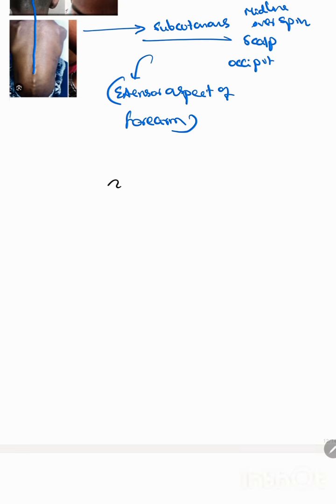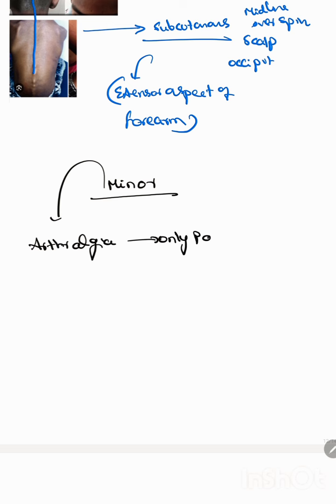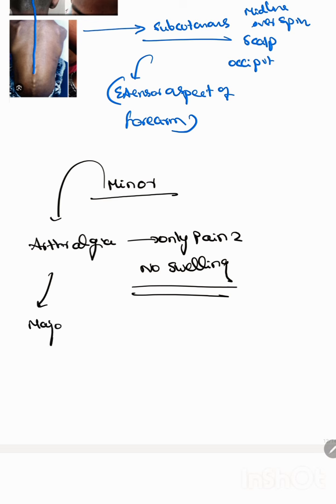So these are all the major criteria and major manifestations of acute rheumatic fever, and there are certain minor criteria as well. First one is arthralgia. Arthralgia is only pain and no swelling. If arthritis is taken in the major criteria, you should not take arthralgia in the minor criteria.